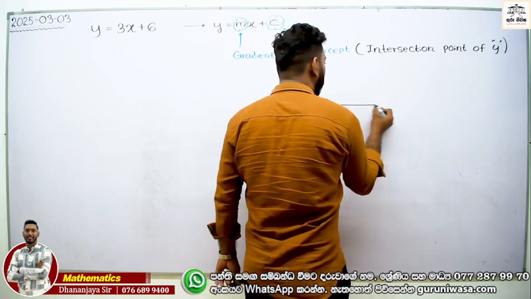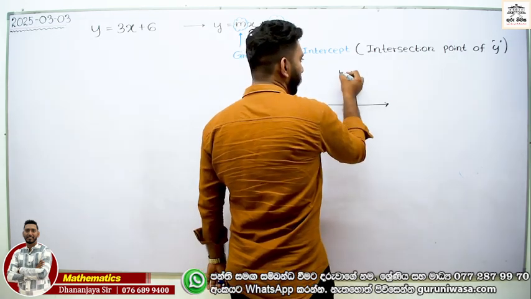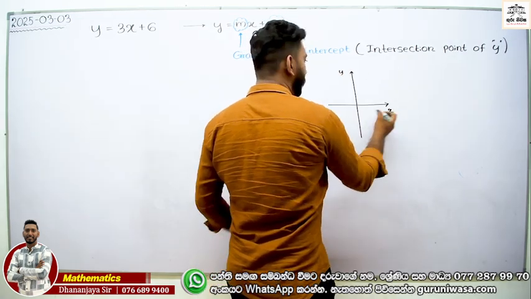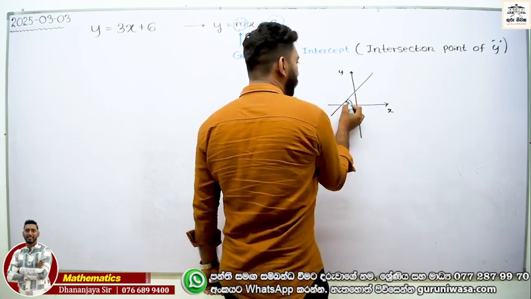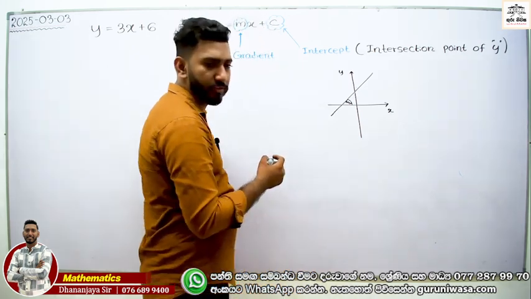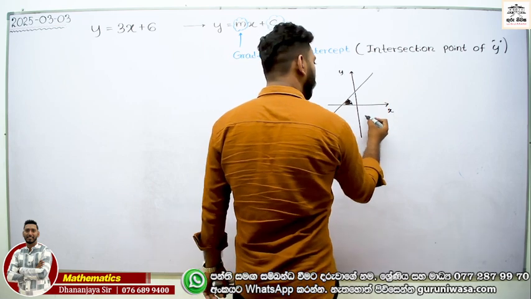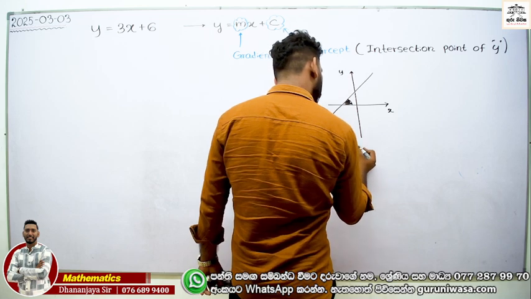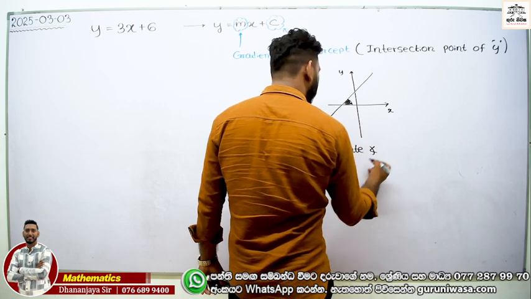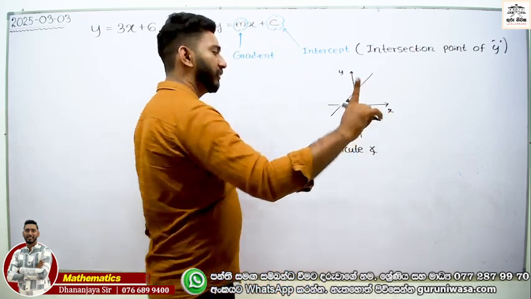Look at this. This one is y and this one is x. And the graph goes like this with an acute angle. Here is the acute angle, with the positive direction of the x-axis.